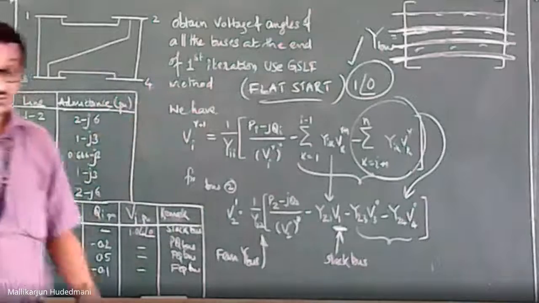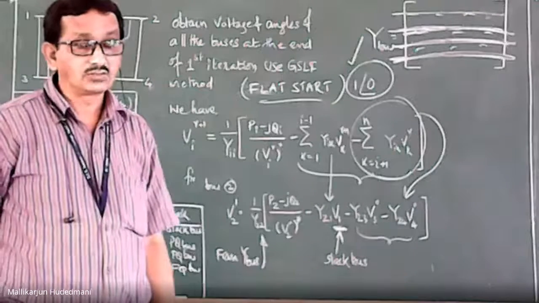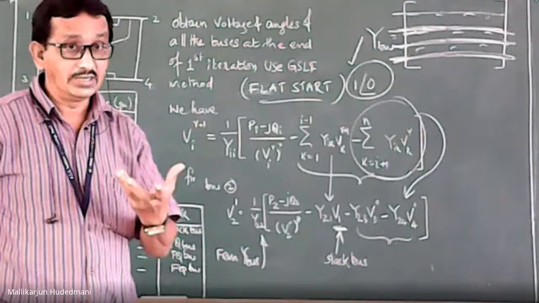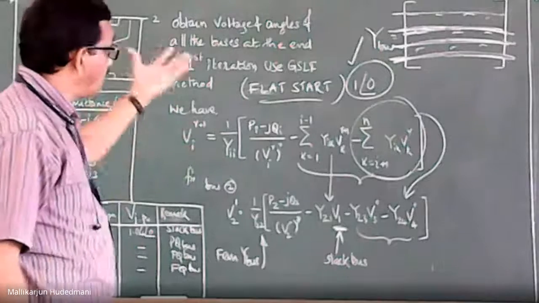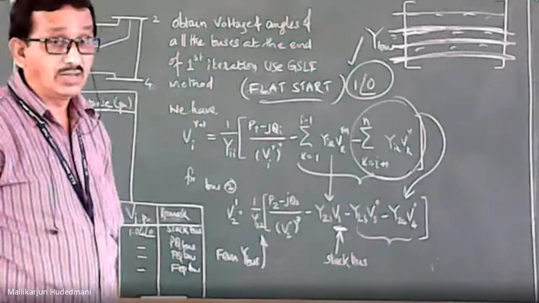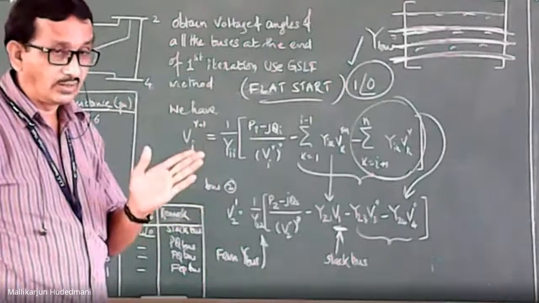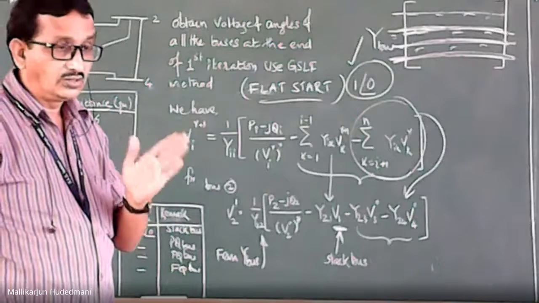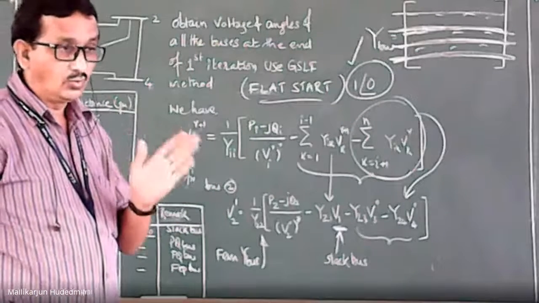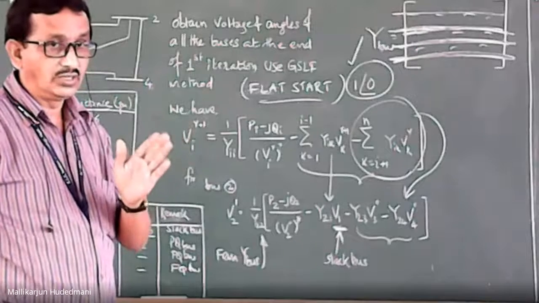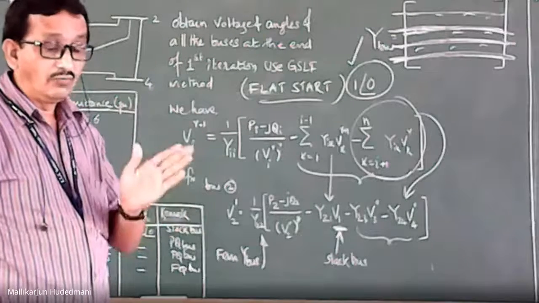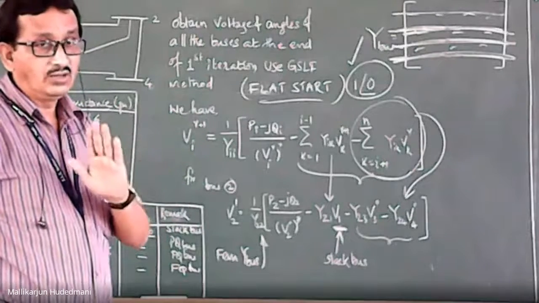What must be the dimension of the Y bus here? 4 cross 4. So by the inspection method, I must be able to get Y11, 12, 13, 14, 21, 22, 23, 24, and so on up to 41, 42, 43, 44.